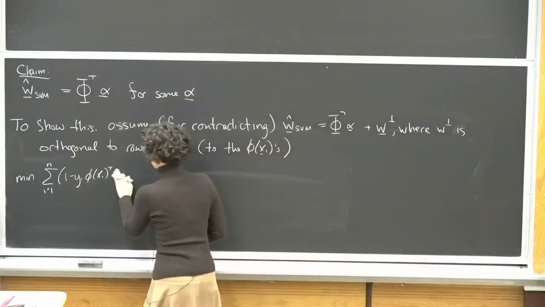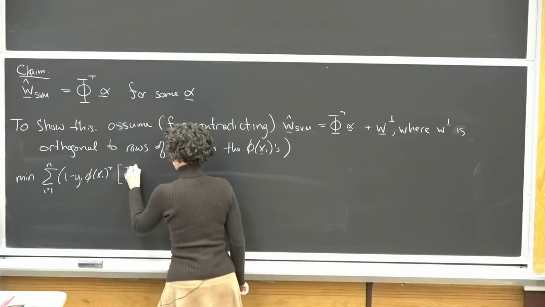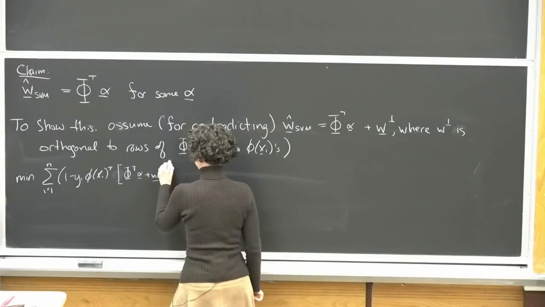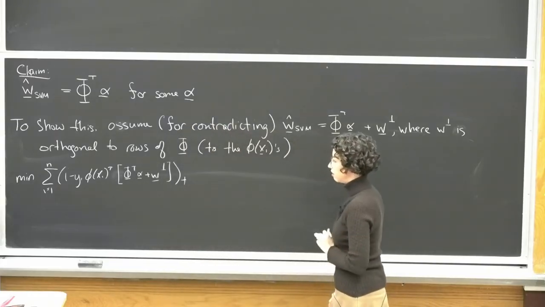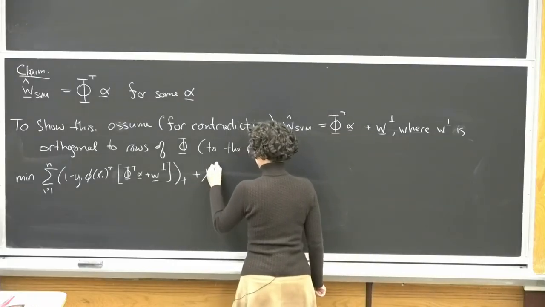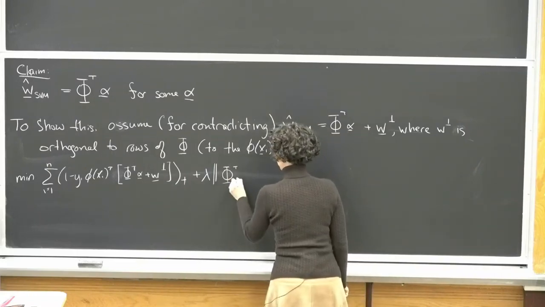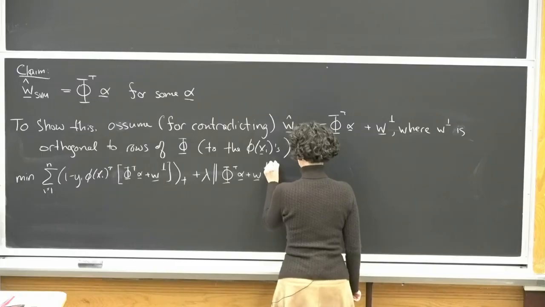So instead of having w here, I'm going to have capital phi transpose alpha plus w perp. And then I have this little plus indicator for my hinge loss, then plus lambda. And now we've got the 2-norm of phi transpose alpha plus w perp, squared.